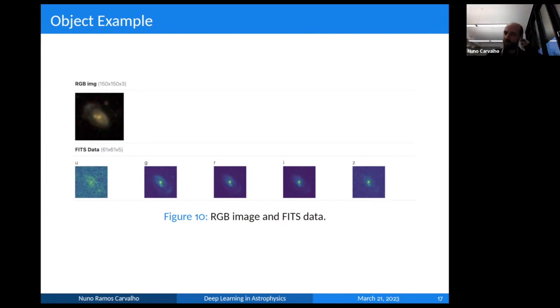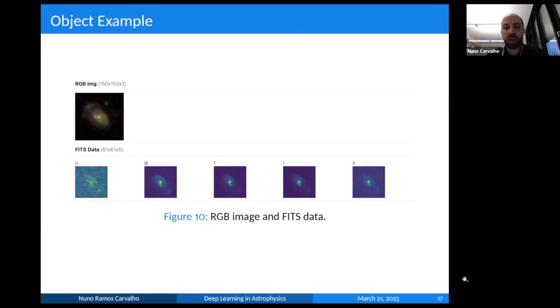And to do millions of objects using Hubble would just not be possible. And here you can see the FITS data, the different bands, because the CCD is taking a snapshot in these 5 different bands.